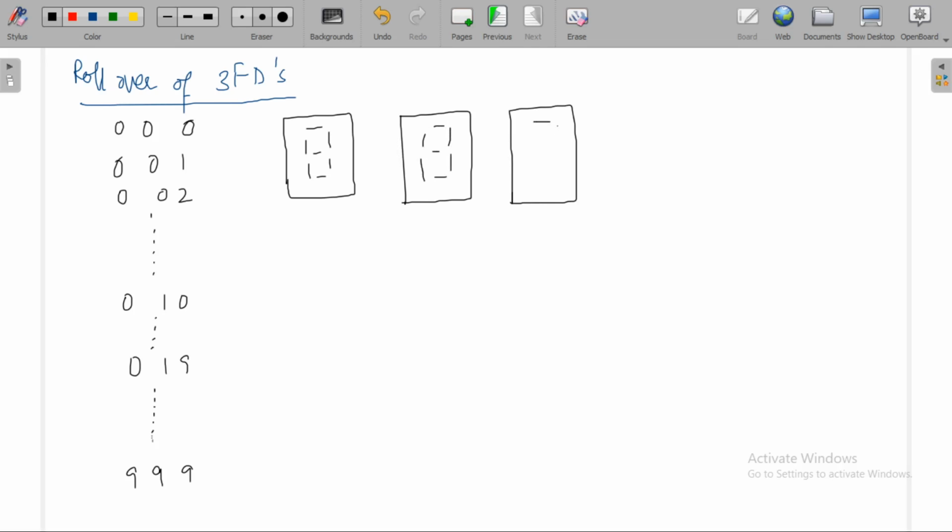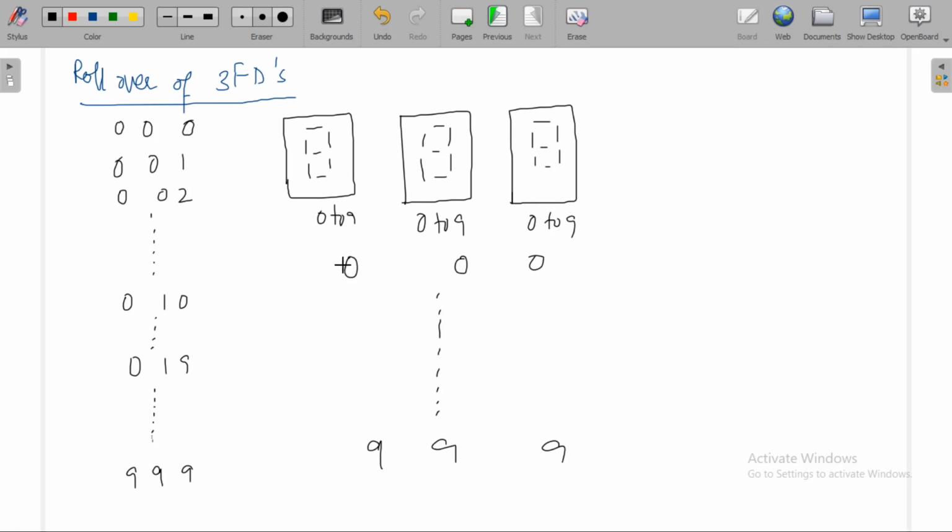This will display from 0 to 9. Again, this also displays from 0 to 9. This also displays from 0 to 9. Likewise, from 000 to 999.